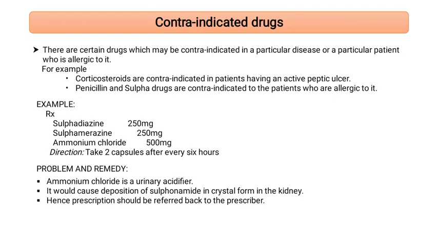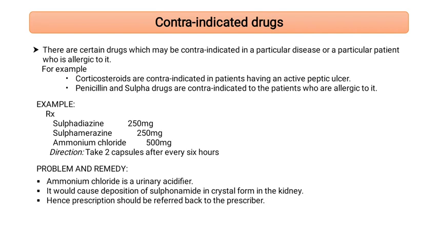The next one is contraindicated drugs. There are certain drugs which may be contraindicated in a particular disease or in a particular patient who is allergic to them. For example, corticosteroids are contraindicated in patients having active peptic ulcer.